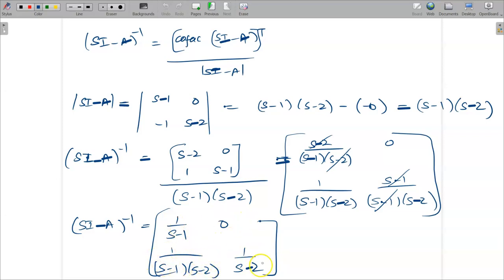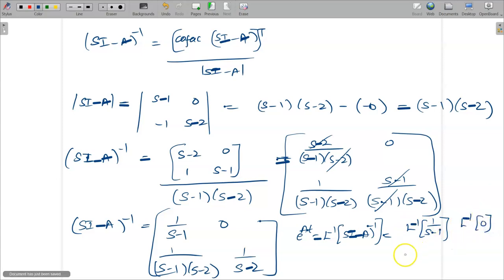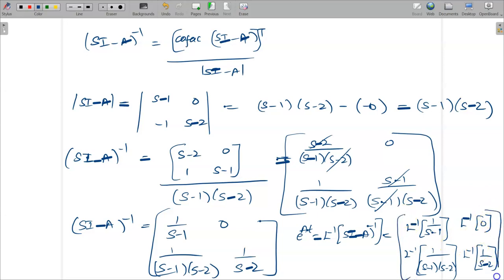For each and every term I have to apply the Laplace inverse like this.